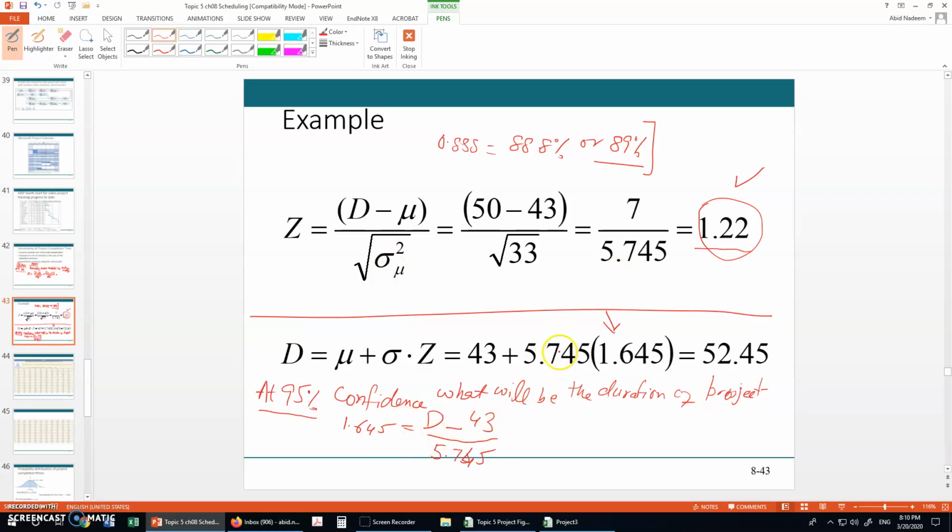Rearrange these values and you can find the value of D. This gives us the answer that there is a 95% chance that the project will finish within 52 days.